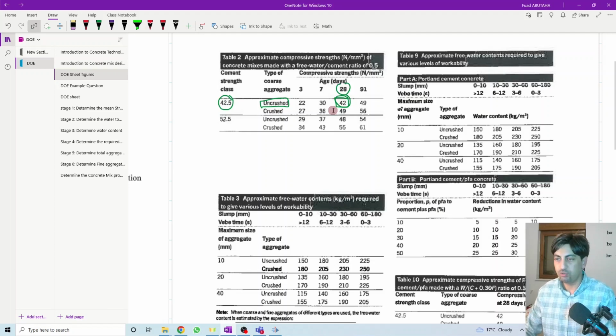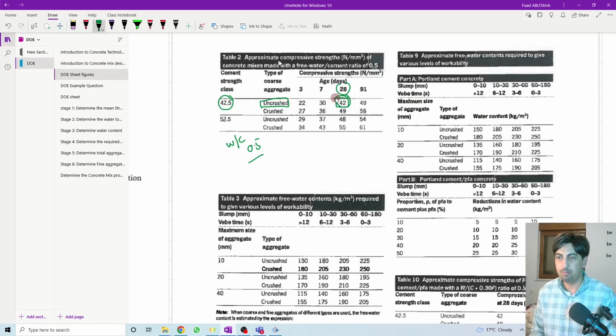What is 42? 42 actually is a compressive strength if we want to use a water to cement ratio of 0.5. So if we are using a water to cement ratio of 0.5, this class of Portland cement and uncrushed aggregate, we will get a compressive strength of 42 megapascals at 28 days.